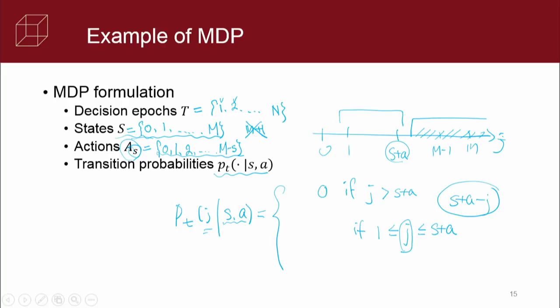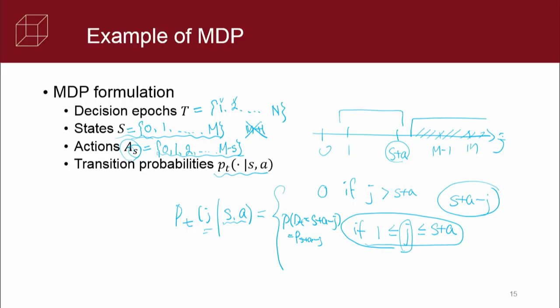So that means s plus a minus j units are sold in month t. So this conditional probability when j belongs to this condition is equal to the probability that demand is equal to s plus a minus j, or p_(s+a-j) by definition.